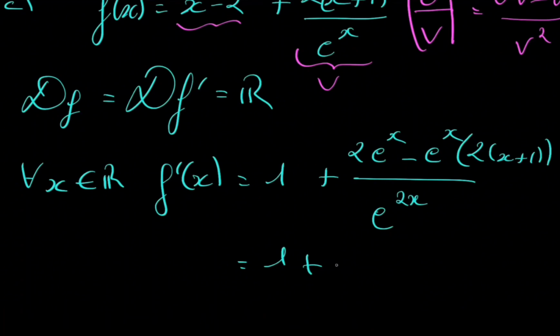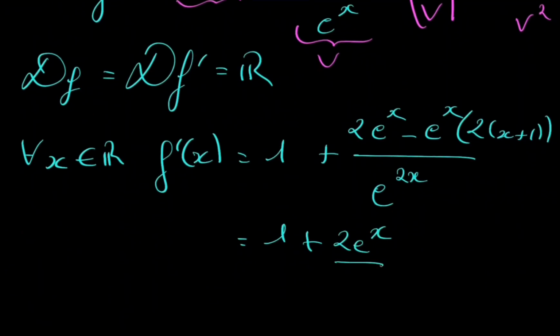Okay, so let's simplify this expression. So we've got exponential of x over exponential of x squared, factor of 1 here, and on the other part, minus (2x plus 1).